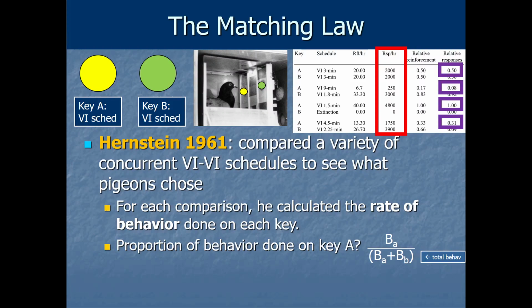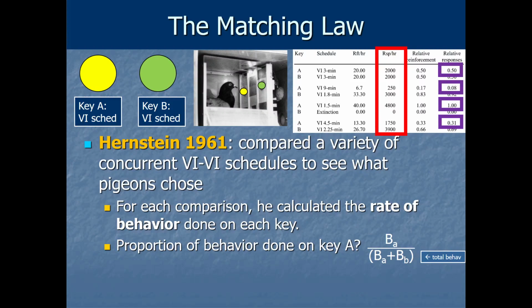So 250 divided by 3,250, which comes out to roughly 8%, 7 point something percent. In the third experiment, 4,800 out of the total across both options, which is 4,800. So 4,800 out of 4,800 were on key A, which is 100%, right? 1.0 is the proportion, so 100%, and so on.